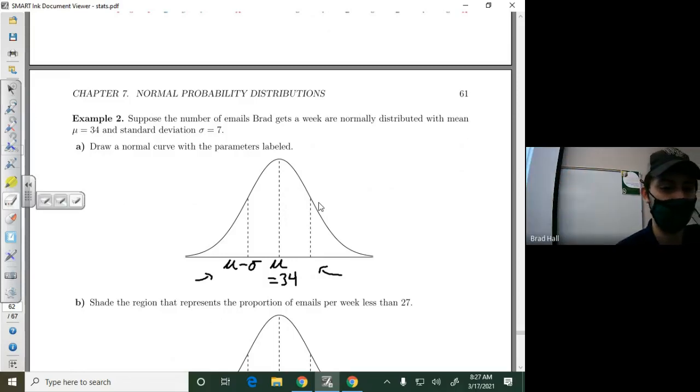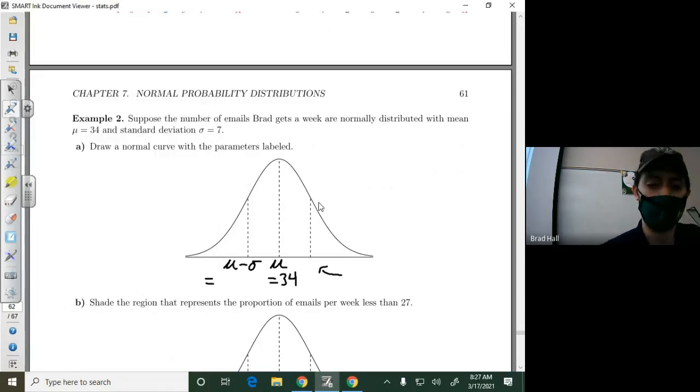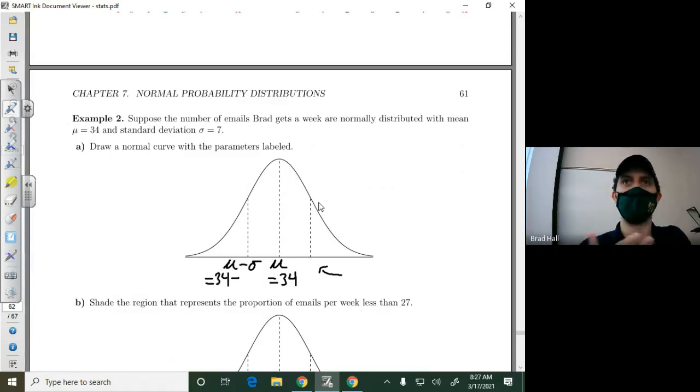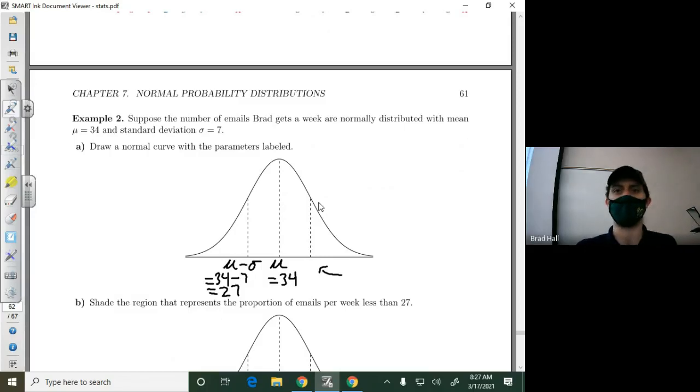We know the mean is 34, and we know the standard deviation below, because we're going less than the mean, is 7. So it's 27 on that side.